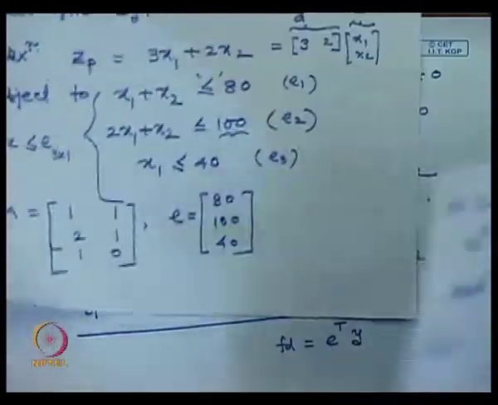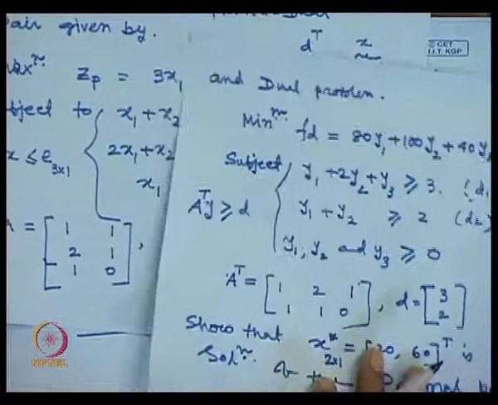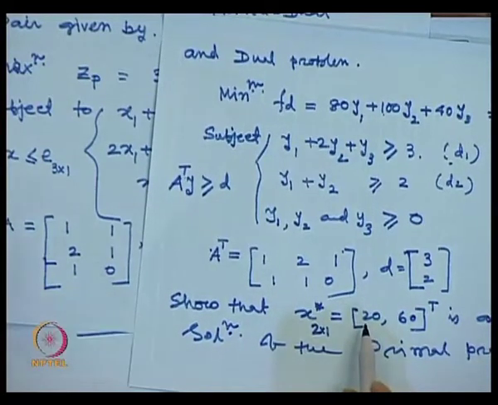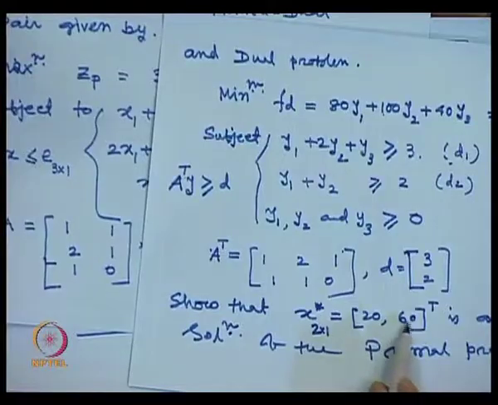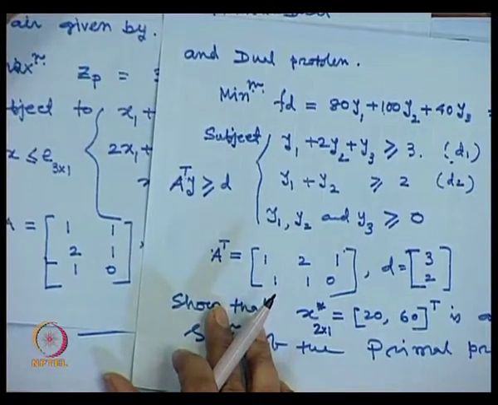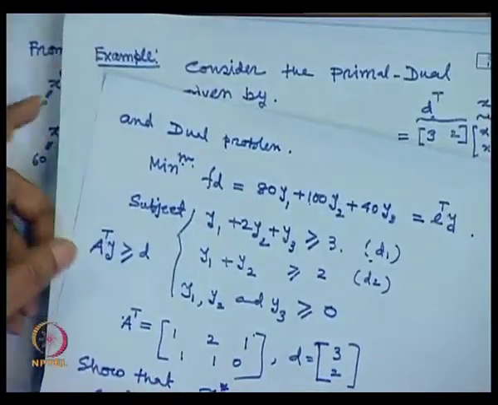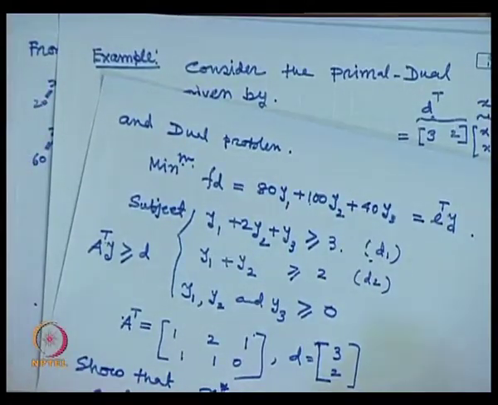If you use 20 and 60 as the optimal solution of the primal problem and put it in the objective function, x equal to 20 and 60, you will get the same objective function value as you got from the dual problem. Okay, I will show you these results now.